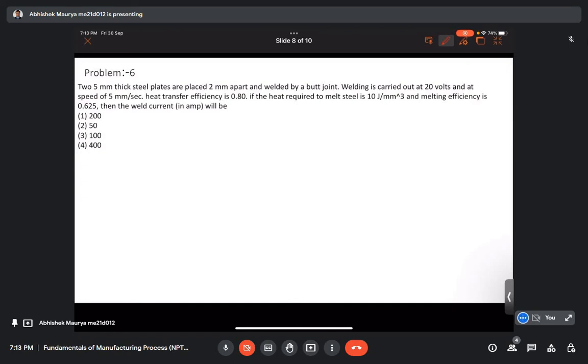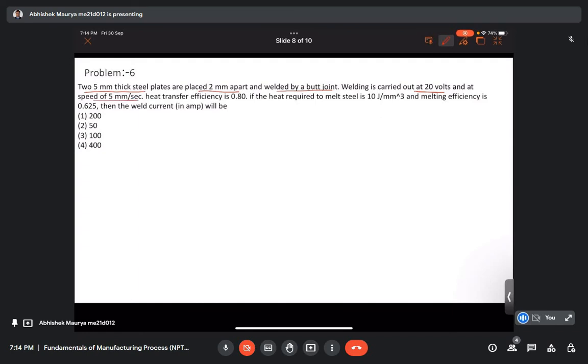Okay, so what is given? Two 5 mm thick steel plates are placed 2 mm apart and they are welded by a butt joint, and welding is carried out at 20 volts and at a speed of 5 mm per second.